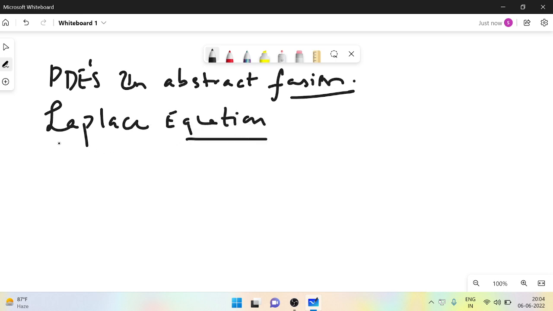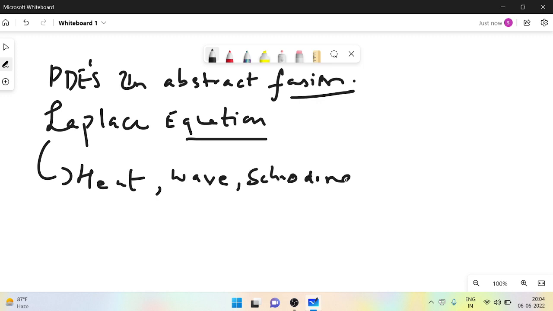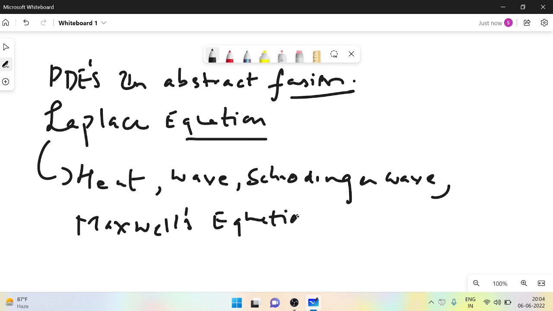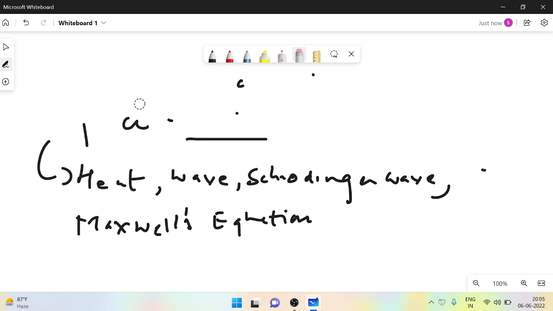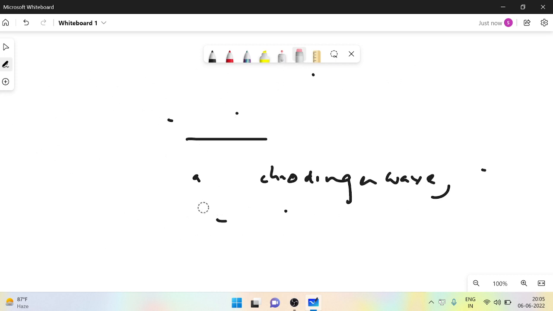All the physical phenomena such as heat, wave, the Schrödinger wave equation, Maxwell's equations are usually somehow related to the Laplace equation. So this is where we begin our PDE study. Once we understand the properties of the Laplace equation, we can extrapolate things and go wherever we want to.